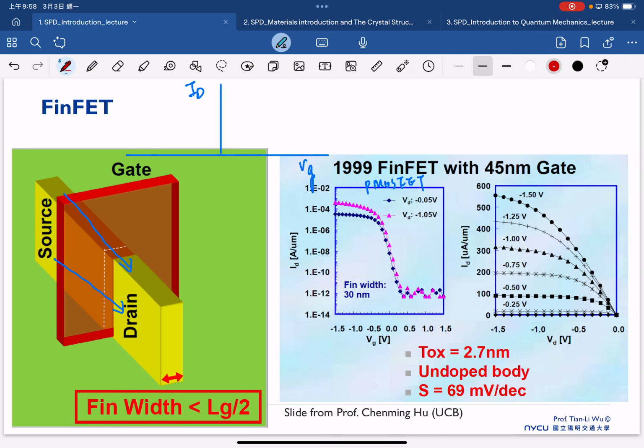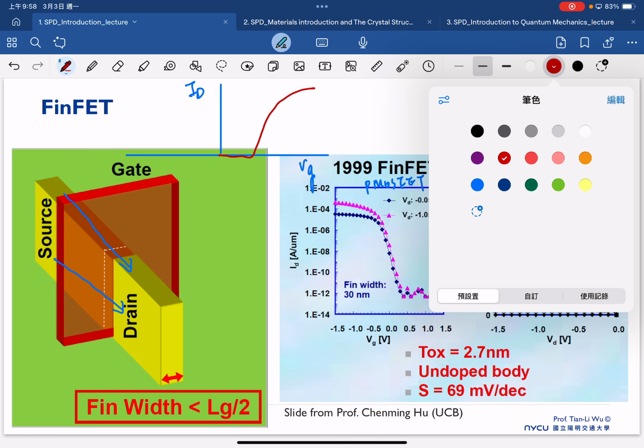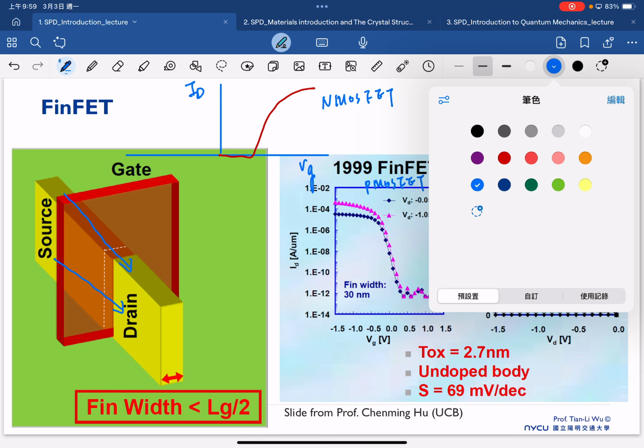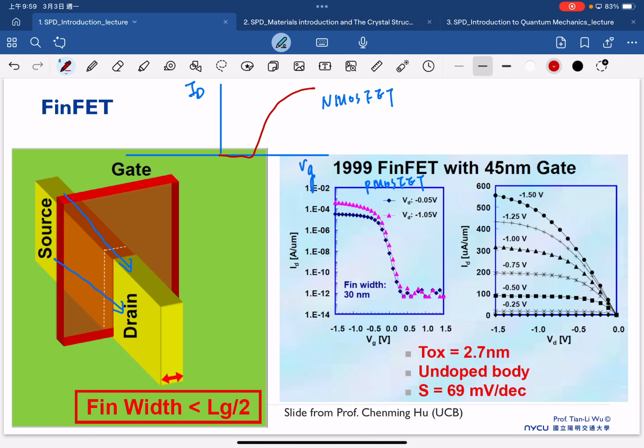In the previous slide, what I drew is that we apply the gate bias, larger than the threshold voltage, and we start to have current here. In this case, it's what we consider an N MOSFET, and the main conducting carrier for this MOSFET is electrons.